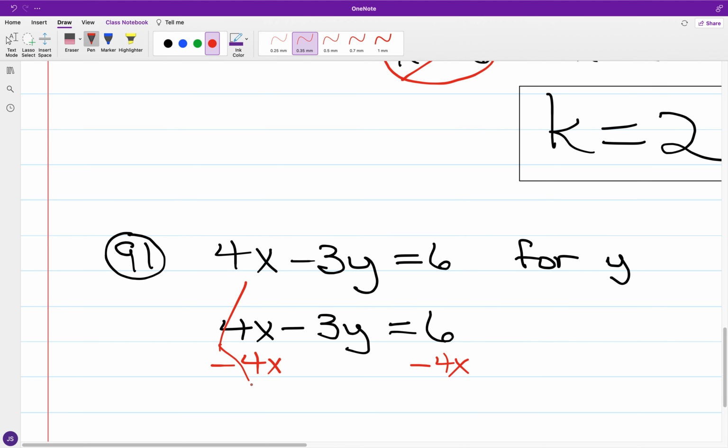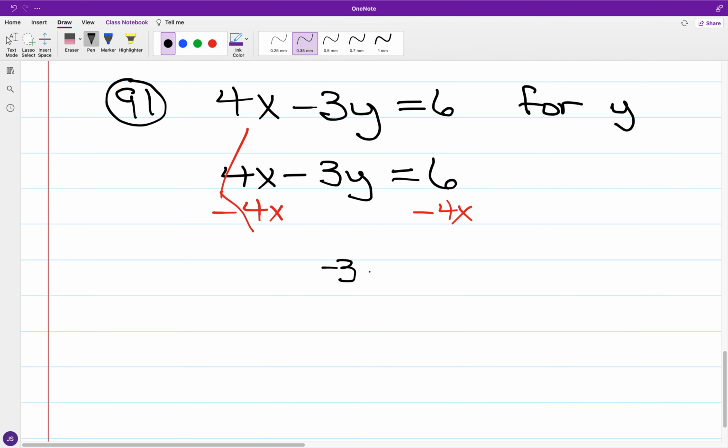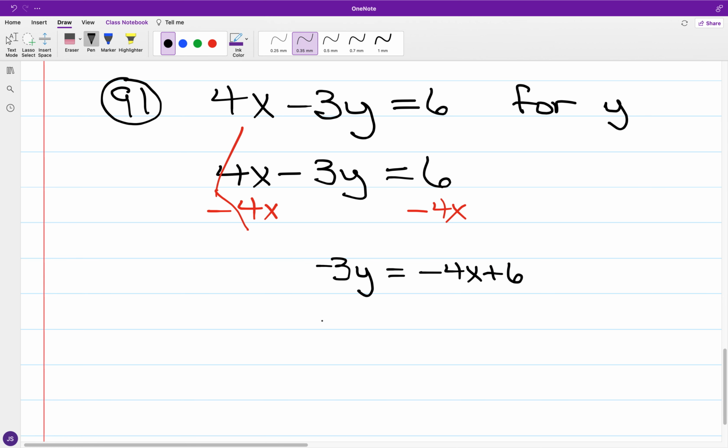Okay, so upon subtracting, on the left hand side we're going to have negative 3y, and you can express what we have as negative 3y is equal to 6 minus 4x, or negative 4x plus 6. And looking at solving for y, I took care of the 4x.